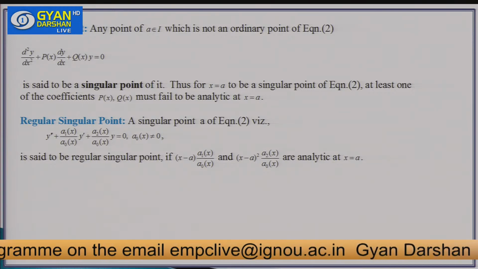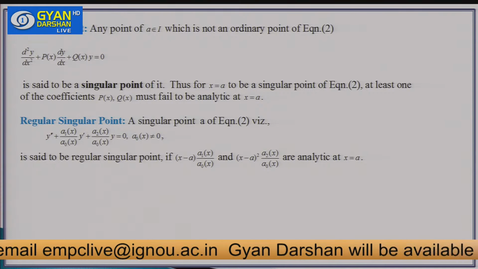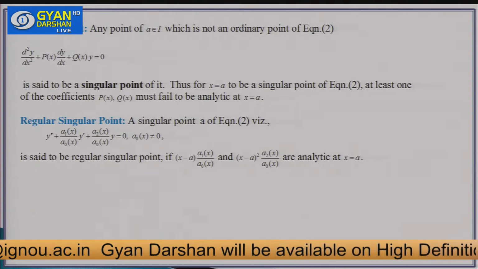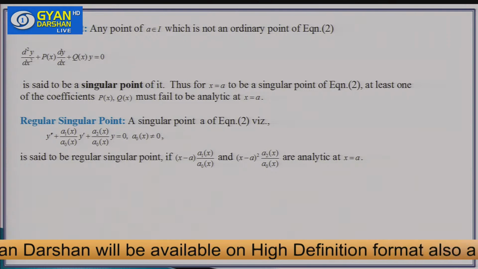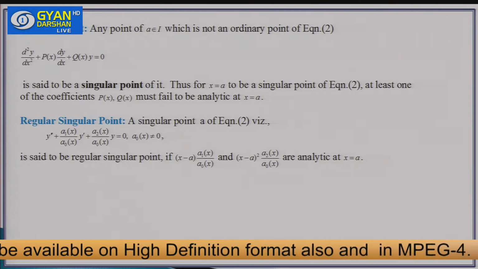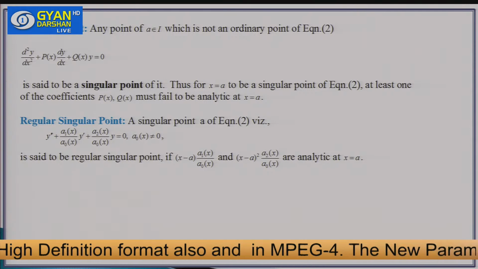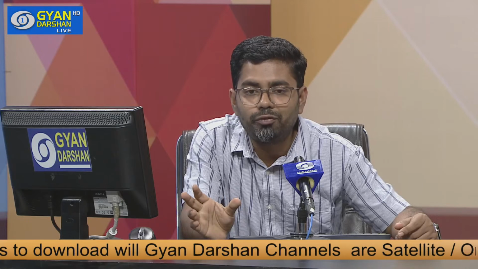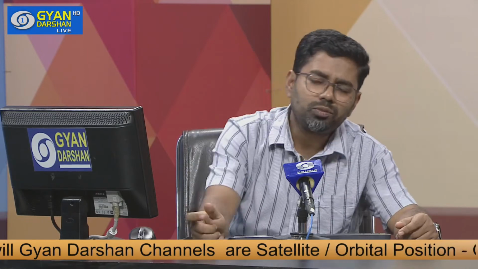Now if we multiply p(x) by (x minus a) and q(x), which is a2(x)/a0(x), by (x minus a) whole squared, and these two are analytic, then, without the multiplication, at least one of p(x) and q(x) is not analytic, but we can make them analytic by multiplying by this power of (x minus a). If you multiply them, both functions become analytic. Both of them have to be analytic after this modification.